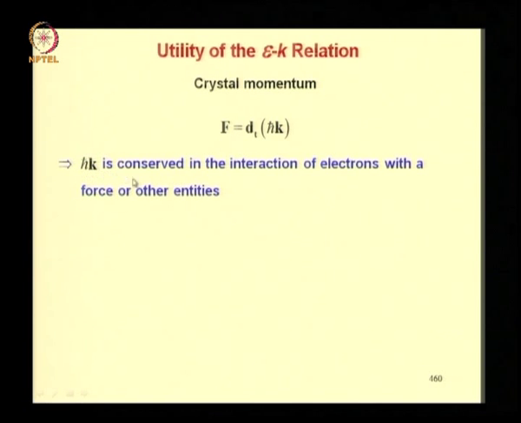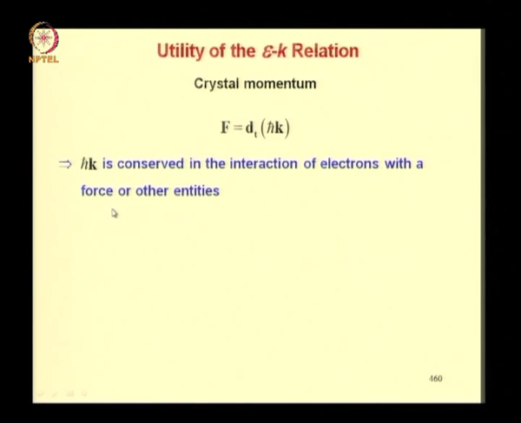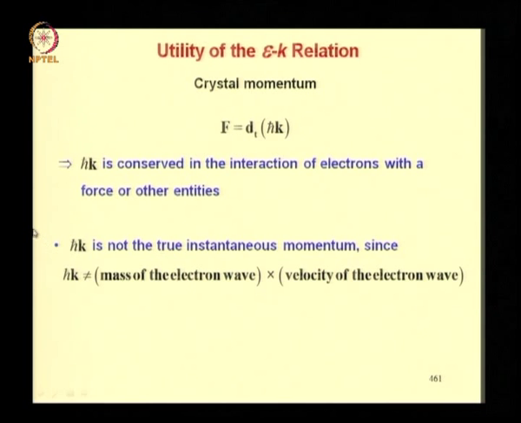So this implies ħk is conserved in the interaction of electrons with a force or other entities, and that is the reason why it is called the crystal momentum. However, it is not the true instantaneous momentum, since the true instantaneous momentum is the mass of the electron multiplied by the velocity of the electron, but we have shown that ħk is not of this form, therefore it should not be regarded as true instantaneous momentum.